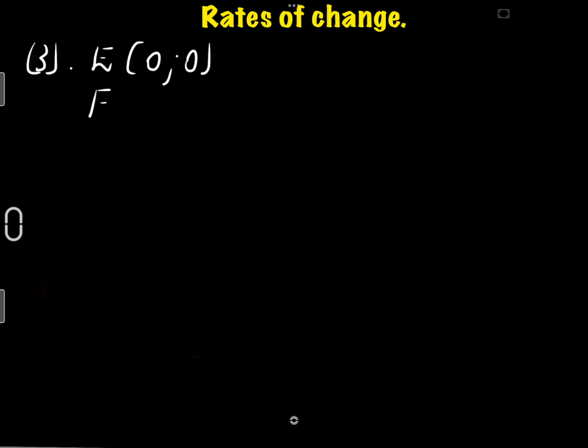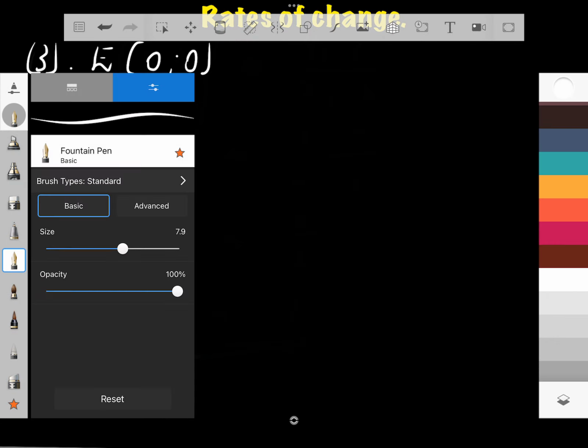It means that they are at the origin. And then point F, rather, the coordinates x is equal to 6 and y is equal to 3.